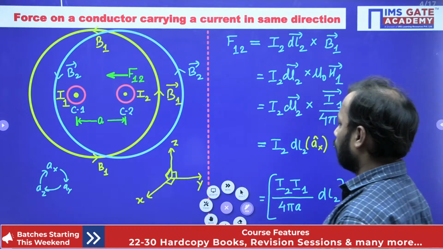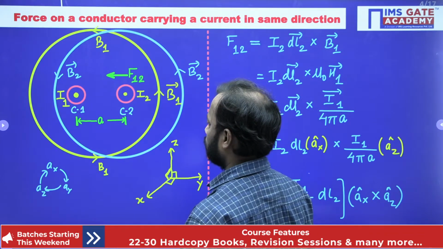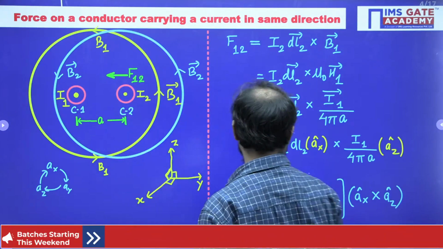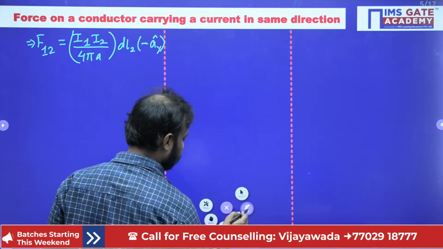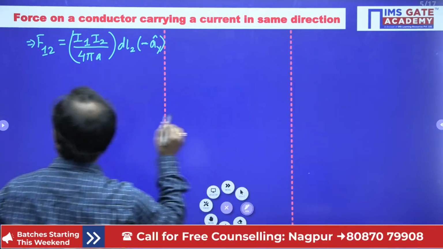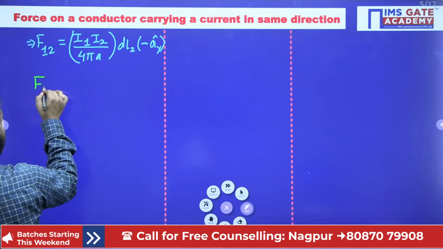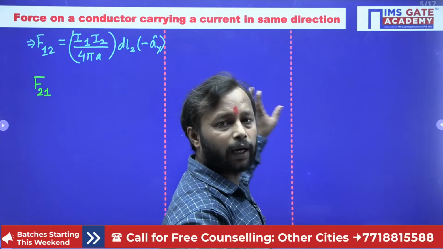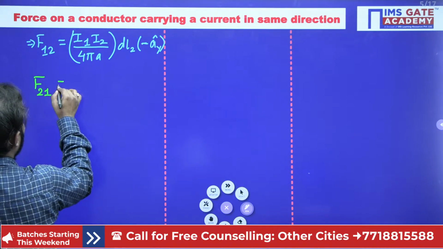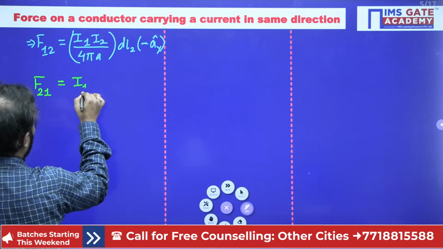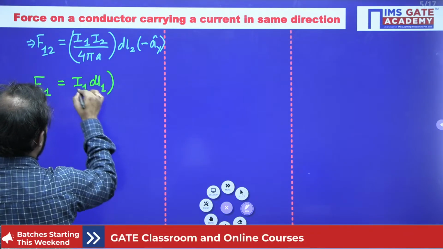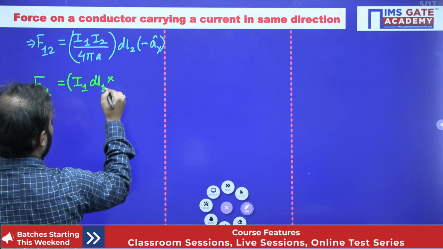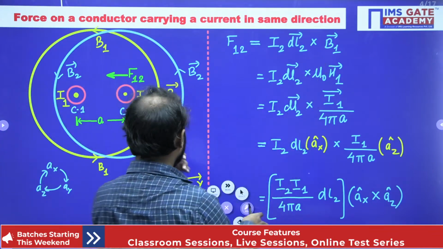Now let us find the force on conductor 1 by conductor 2. So F21, the force of 2 on conductor 1, is equal to I1 del L1 into B2.